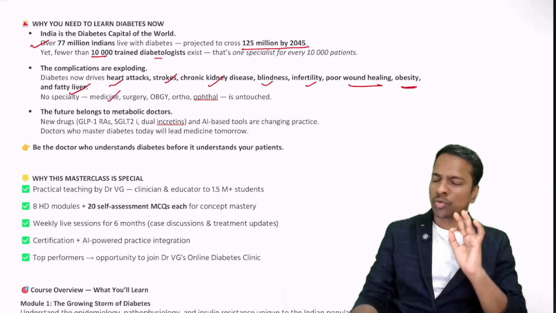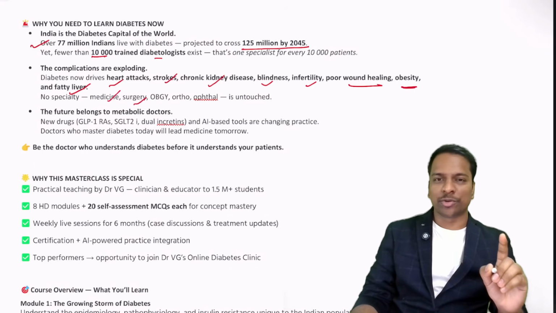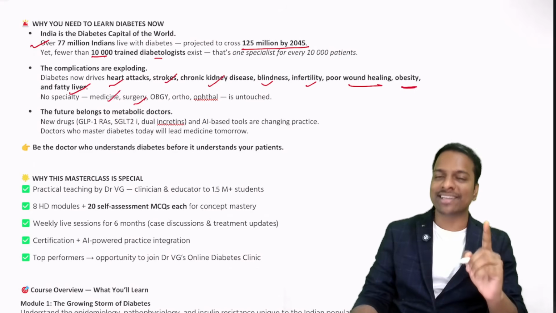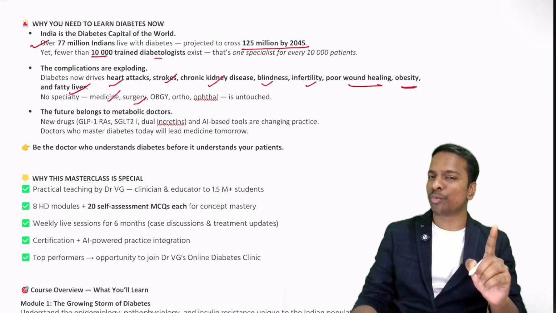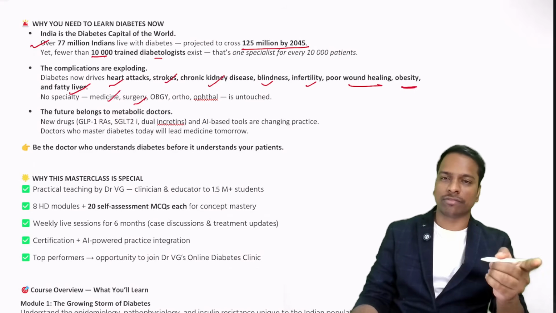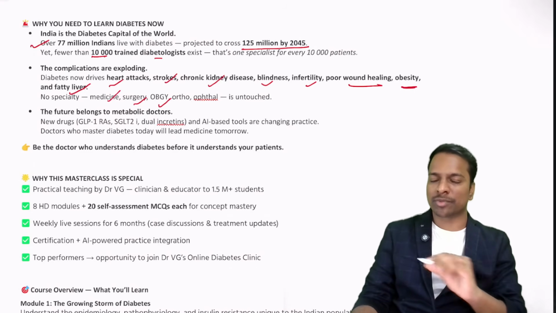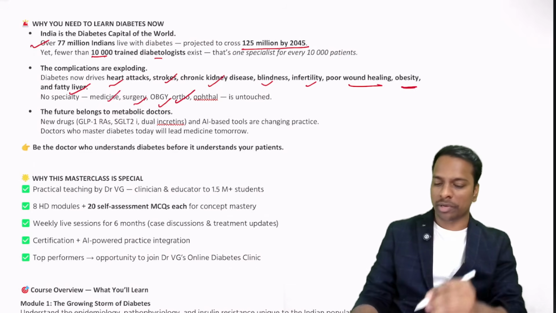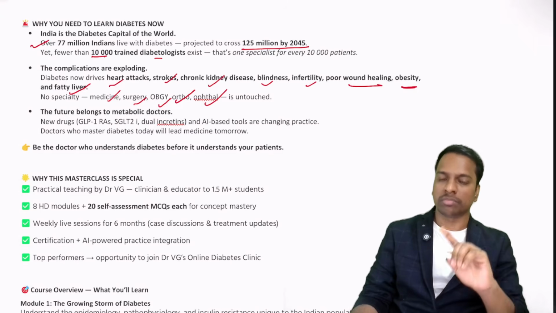Even if you're a GP, you must know diabetes. In surgery, you still need to know diabetes even though you don't like it, because your patient might have uncontrolled sugar, and you don't want poor wound healing for them. Your outcome might change. Similarly, in OBGY, gestational diabetes mellitus is very important. In orthopedics and ophthalmology also, because diabetic retinopathy and nephropathy are very common.